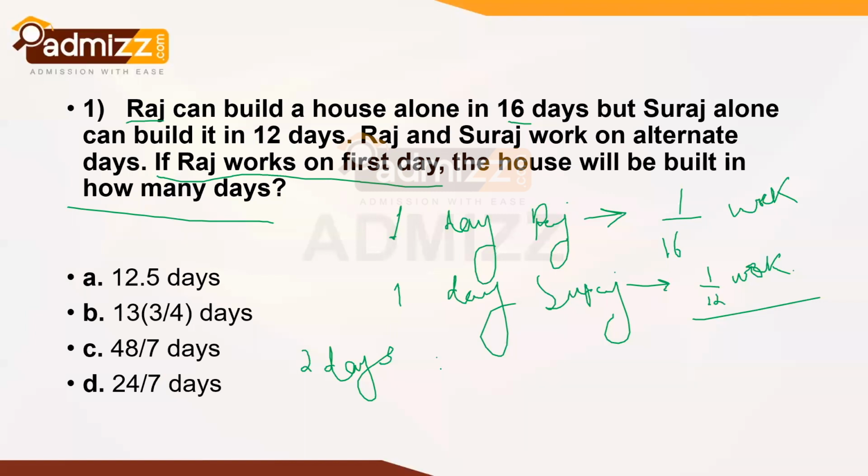In 2 days, the total work that they do is equal to 1/16 plus 1/12, which is 7/48. So this is the total amount of work that they are doing in 2 days.